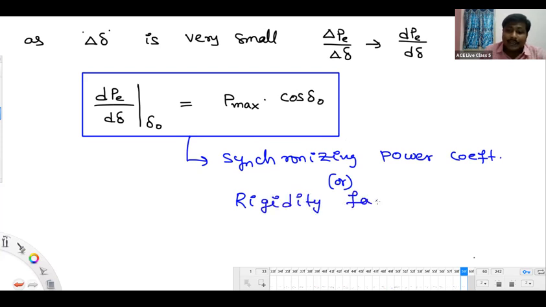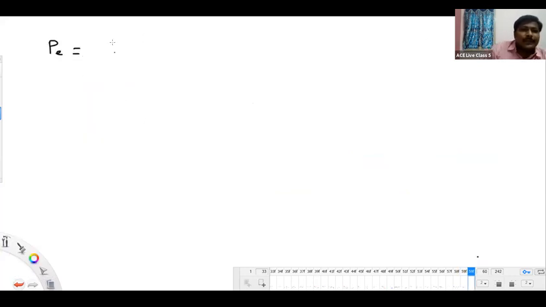Rigidity factor means how rigid the system is in accepting small disturbances. This is again the same as what we discussed earlier. The P equation we have is simply P max sin delta, and dPE by d delta is nothing but P maximum cos delta.